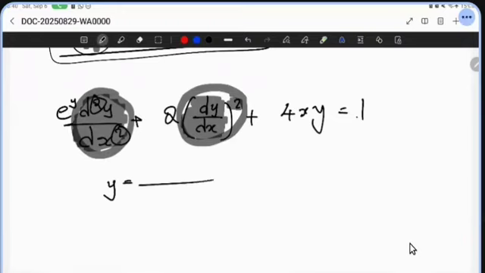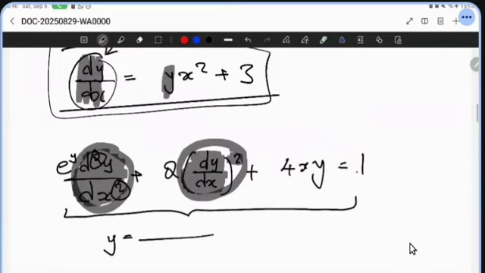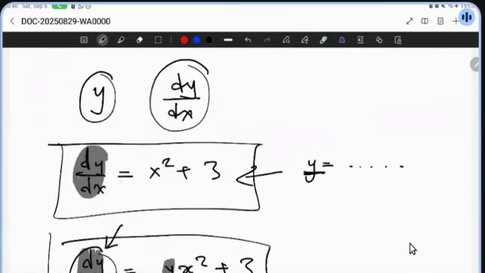Now, for an expression to be a solution to a differential equation, it implies that when you substitute it in the expression, it should satisfy the differential equation given. For example, if y equals some expression, get y, differentiate it, and place it there.